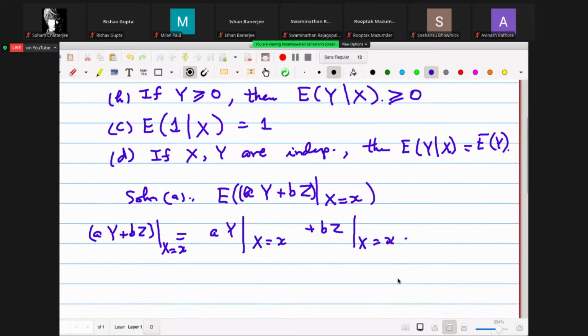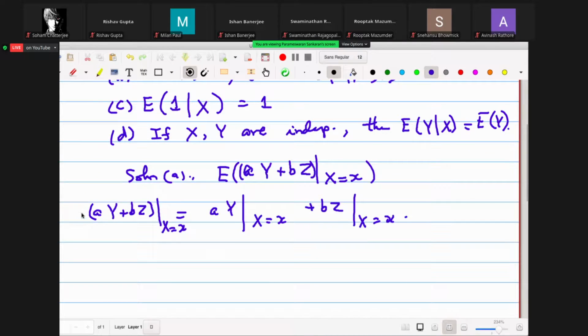Okay, so note, therefore you just compute the expectations and they are the same. You have two random variables, I mean equality of two random variables: ay plus bz given that X equals x is the same thing as the expectation of the sum.